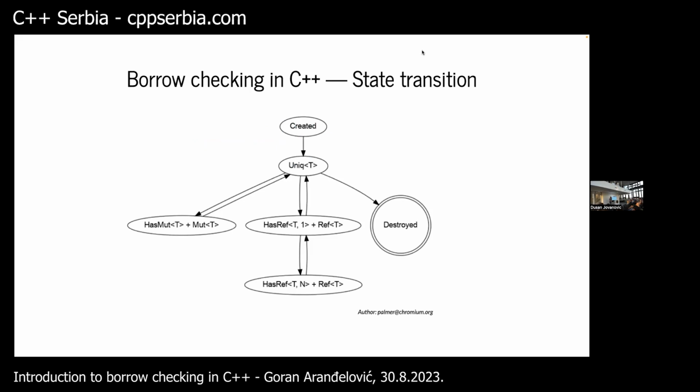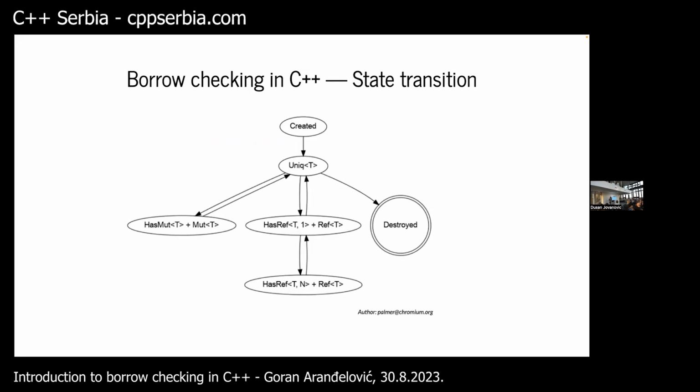And this is a picture from the Google Chromium team, and I think it correctly describes the state transition of borrowing in Rust. If there are Rust developers, you can correct me if this is not okay.